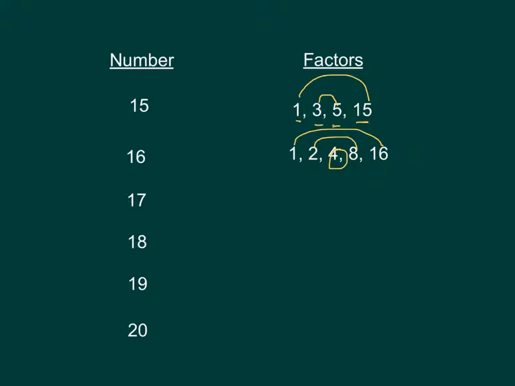On your whiteboards, try to identify the factors from the numbers 17, 18, 19, and 20. So I should see you writing the number on one side of your board and listing the factors on the other side. Do this now.